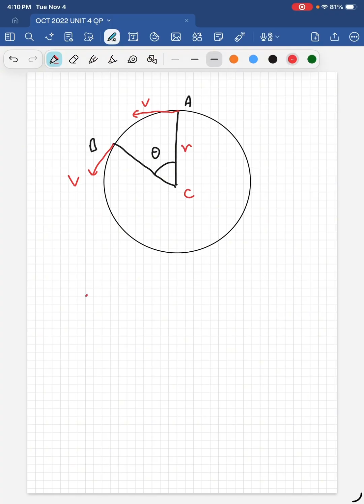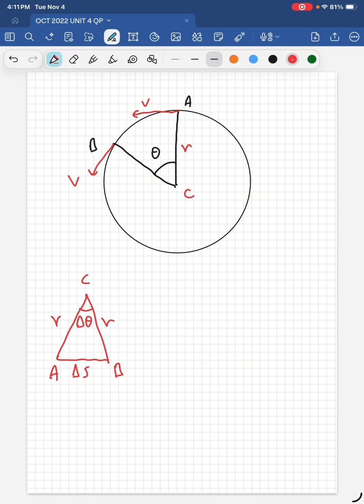So let's draw a triangle CAB. Let's call this delta theta. Let's call this delta S, which is the displacement, and this is r by definition.